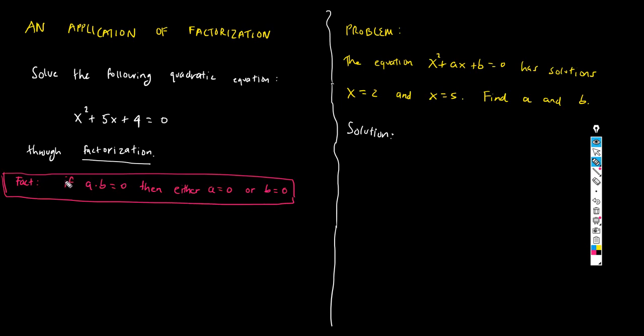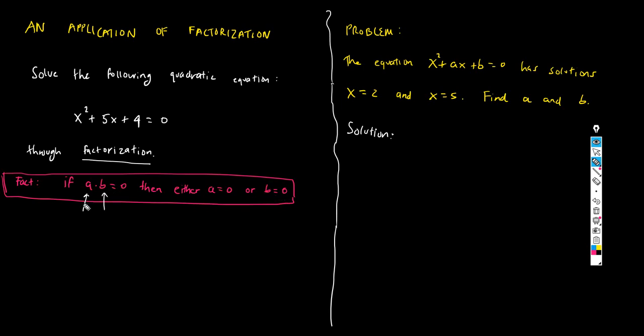The fact is that if we have a product of two numbers, a times b, and that product is equal to 0, then what you should conclude is that either a equals 0 or b equals 0. So if the product of two numbers is equal to 0, at least one of them, either this one or the other, should be 0.